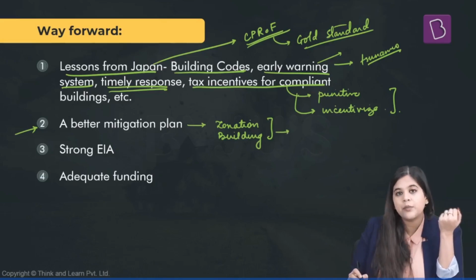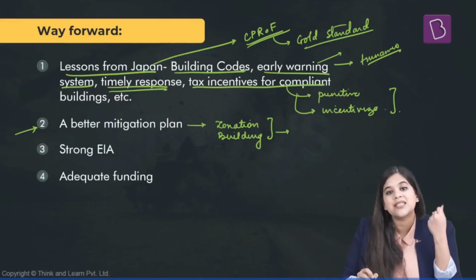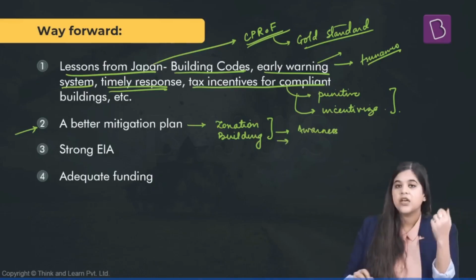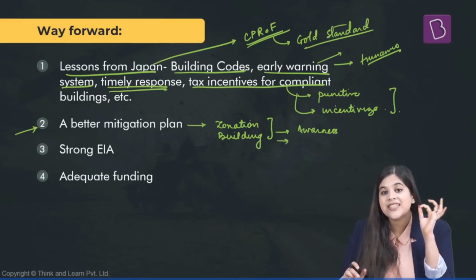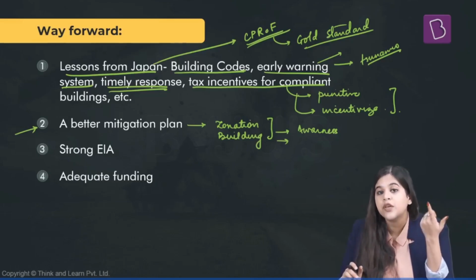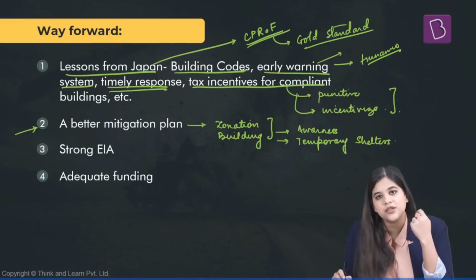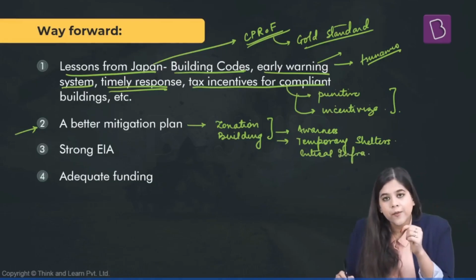And we need to train people as to what they need to do in case a disaster strikes, in case they feel the tremors. There should be some buildings that are very resistant to earthquakes and which can be used as temporary shelters in case the disaster strikes. The critical buildings or the critical infrastructure needs to be protected.